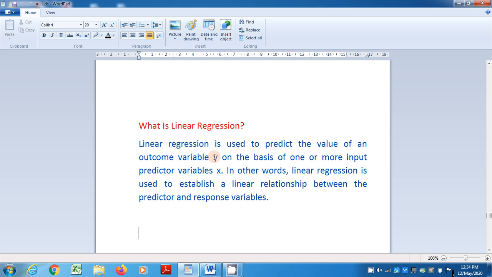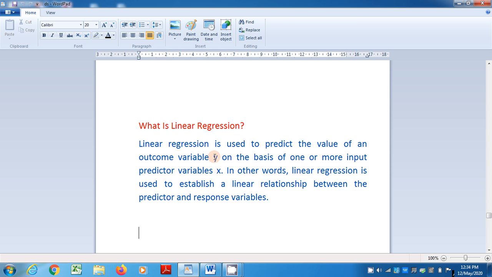So in linear regression, we need to predict the output variable based on the input that was supplied. The input may be one variable, or two or more variables. If we are dealing with one variable, that comes under simple linear regression or single linear regression.